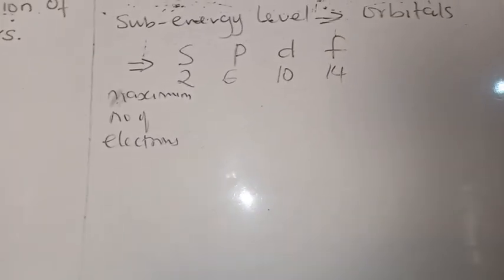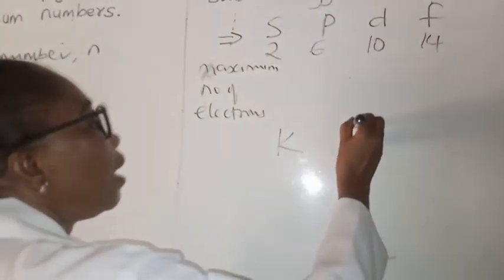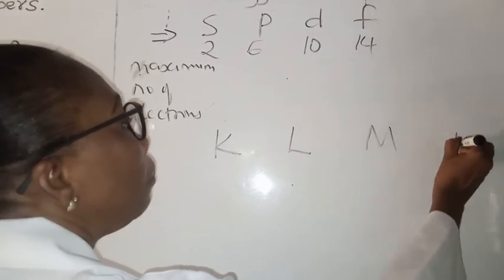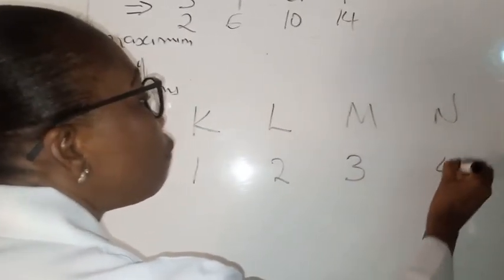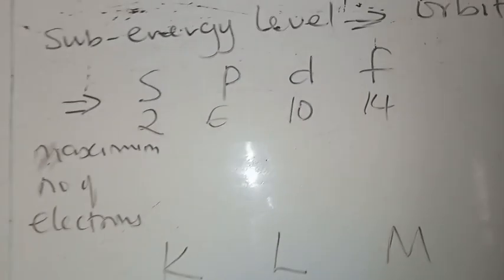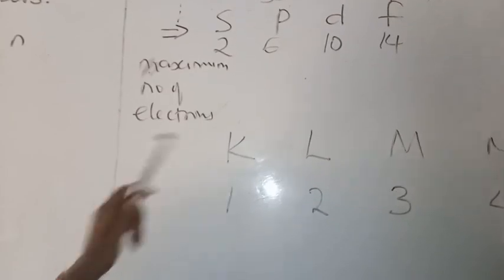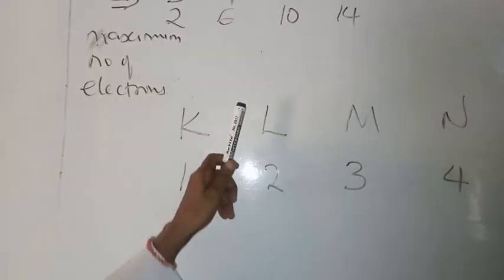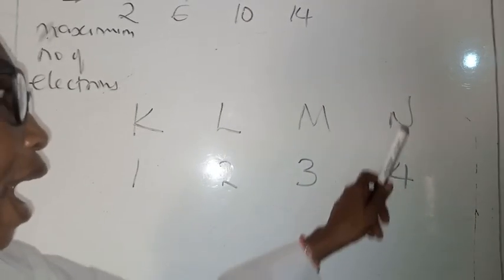Very, very simple. Start with the shells. You put the shells K, L, M, N, and then give them their numbers 1, 2, 3, 4, and then bring in the subsidiary quantum number. The principal quantum number says that the K shell has 1 as its number, L number 2, M number 3, and N 4.